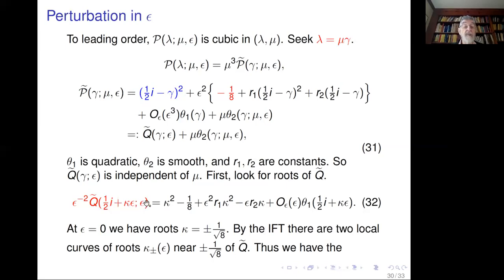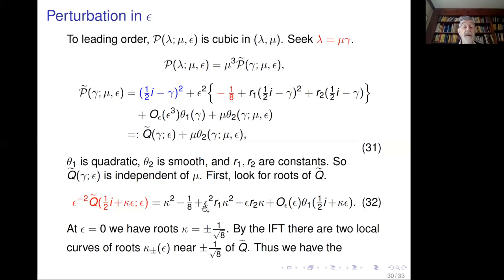Then you just get kappa squared from this blue term, and you just get minus 1/8 from the other term. And then you get the R1, R2 term. The R1, you still have an epsilon squared left over, and here you get an epsilon left over. And then you've got even more error terms here. And we want to set this equal to 0.